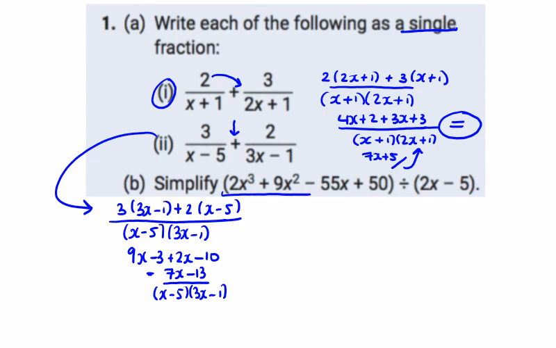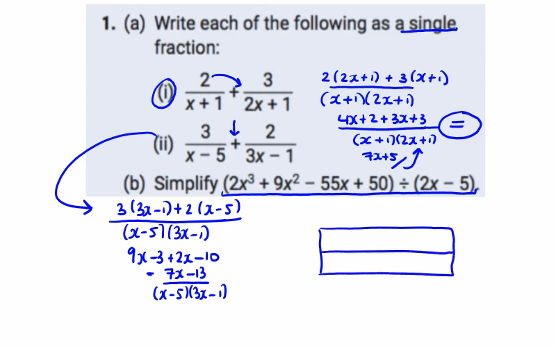And then we have a cubic division. Box method works brilliantly for these. You must have practiced many of these at this point. The first term of the cubic is 2x cubed. The last term is plus 50. And on the outside, we're dividing in 2x minus 5.